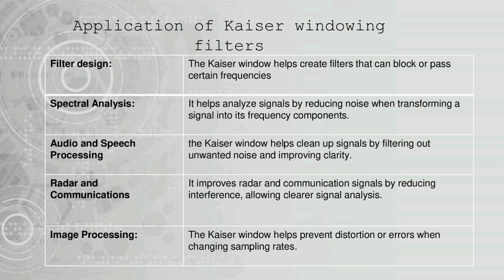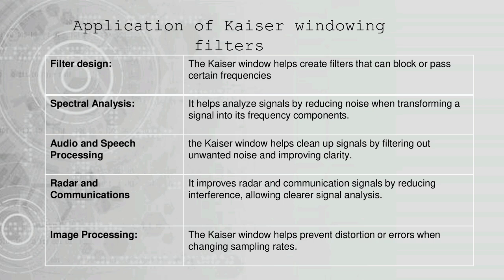Next, the Kaiser windowing filter has 5 main applications. Number 1, filter design. It helps create filters that can block or pass certain frequencies. Number 2, spectral analysis. It helps analyze signals by reducing noise when transforming a signal into frequency components. Number 3, audio and speech processing.